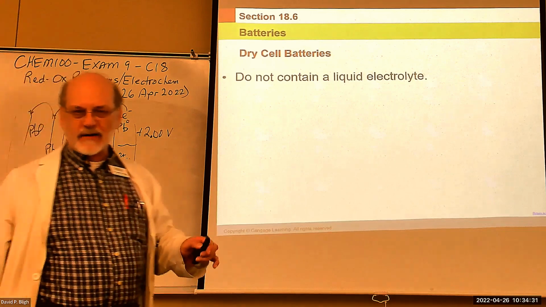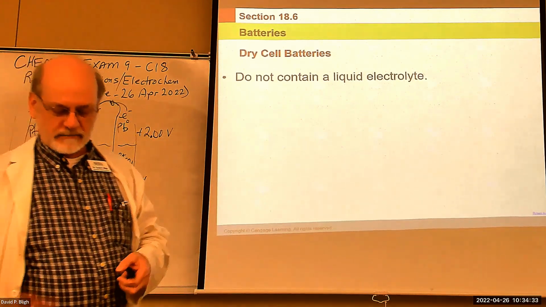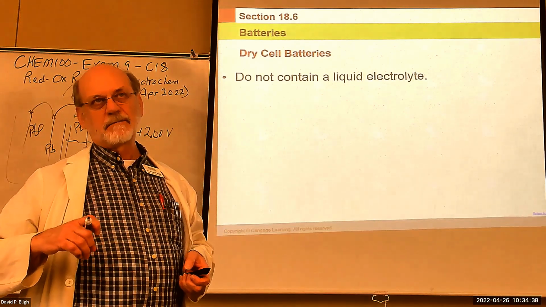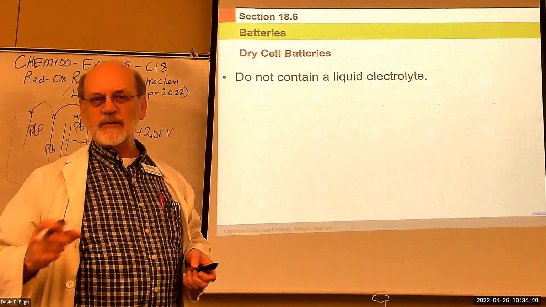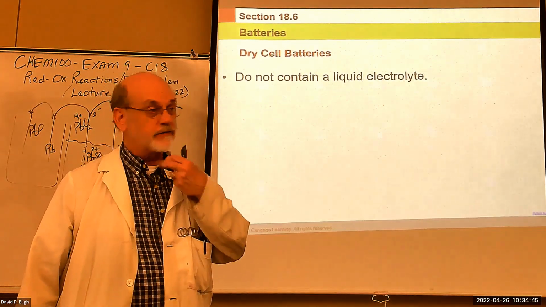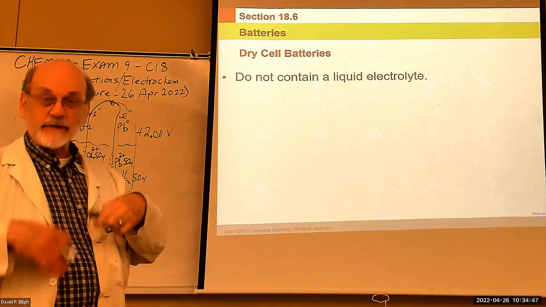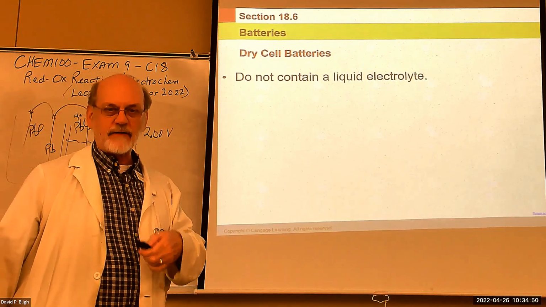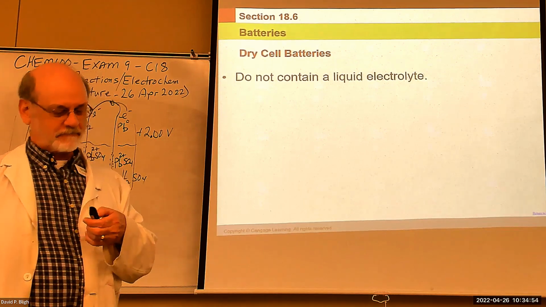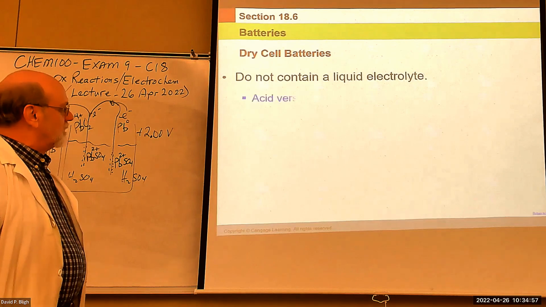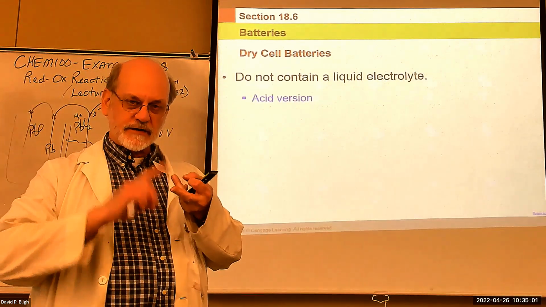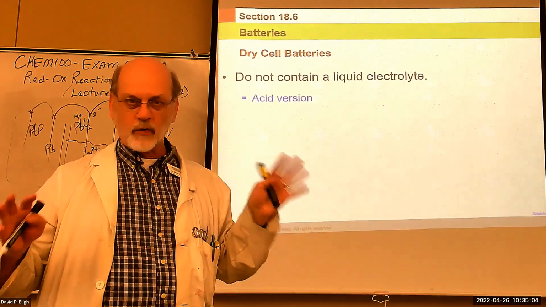So that's not the only type of battery. You can buy D cells, C cells, AA's, AAA's, those are the most common ones. Dry cell batteries off the grocery shelf, and they use a different set of half reactions to produce their 1.5 volts. So you'll notice that the D cells, the C cells, AA's, the AAA's, they all produce 1.5 volts.